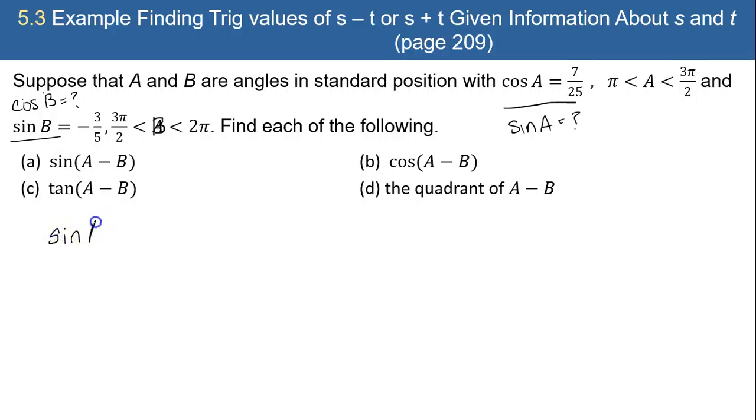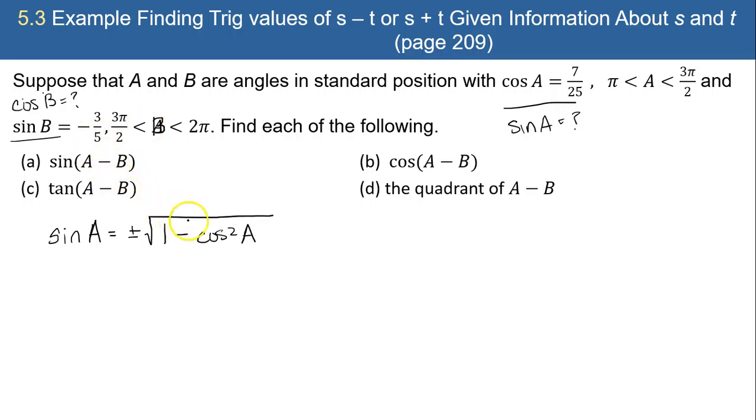Sine of angle A. Okay, I'm going to use the Pythagorean identity in a way I've really never shown y'all in class before, but I know that Pythagorean identity will work out like this. It is going to be the plus or minus of the square root of 1 minus cosine squared of angle A. That is the Pythagorean identity, just already solved out for sine of your angle.